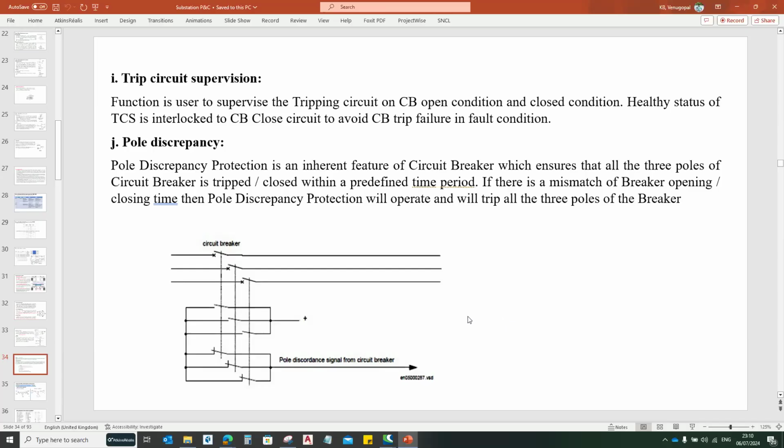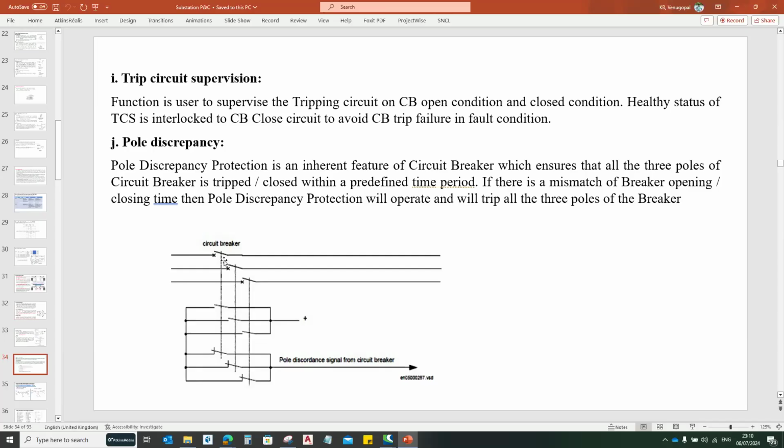So it means that the pole discrepancy function is selected based on the auxiliary contacts of your circuit breaker. For example, as I have shown in this picture, this is your positive 110 volt supply and this output will be connected to the binary input or any auxiliary relay which will give information that pole discrepancy operated. So how will it operate?